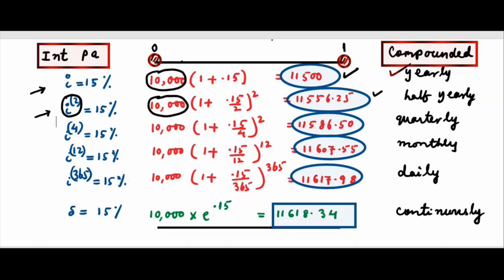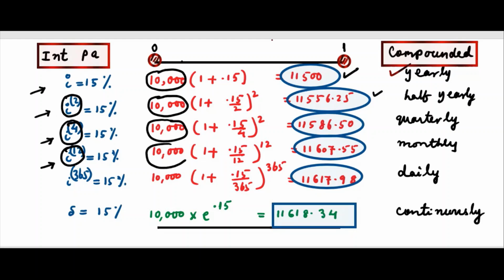You are getting more here. If the interest rate is 15% per annum convertible quarterly, and you deposit the same amount, you end up getting 11,586.50 in 1 year.